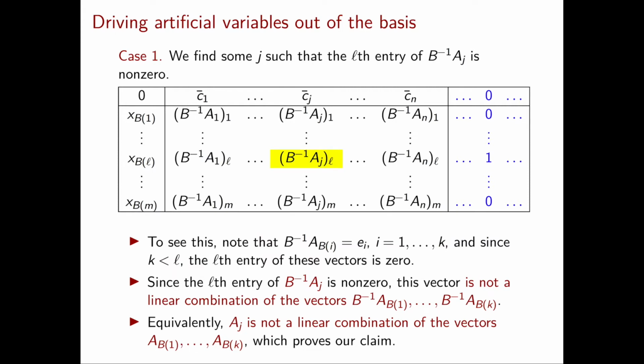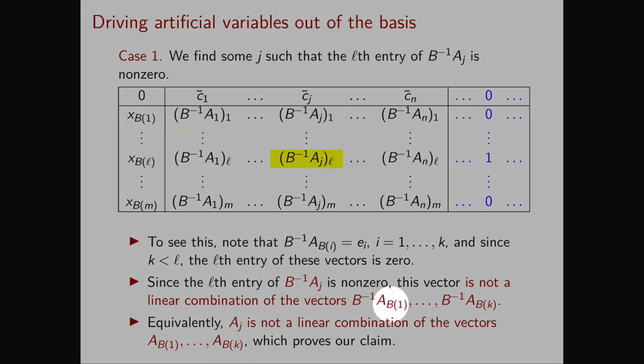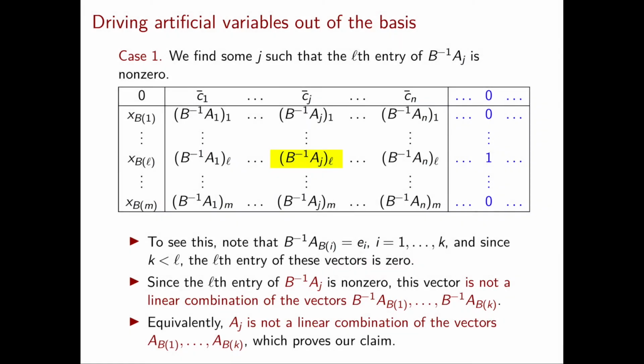We're going to use once again our standard trick. Namely, we only need to show that B inverse Aj is linearly independent from B inverse AB1 until B inverse ABK. So essentially, we multiply all our vectors by B inverse on the left. The reason we do that is because now checking this linear independency is very simple. In fact, let's look at the nth entry of these vectors.